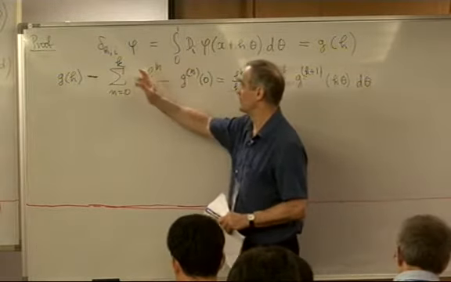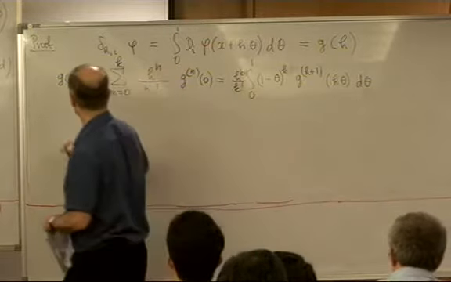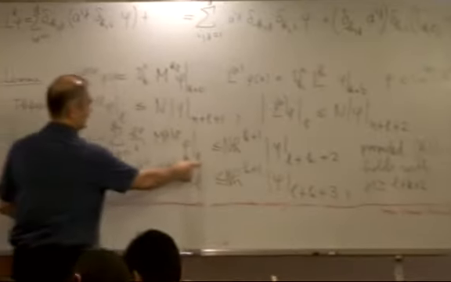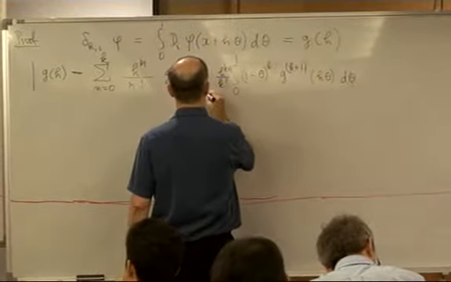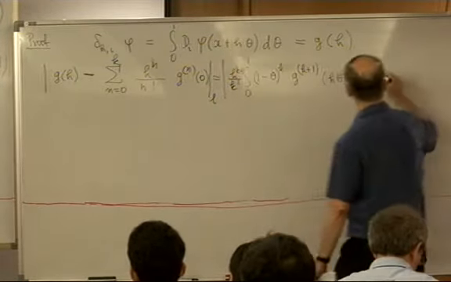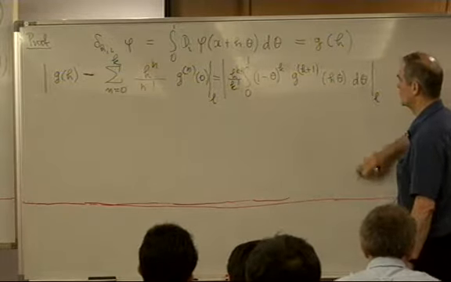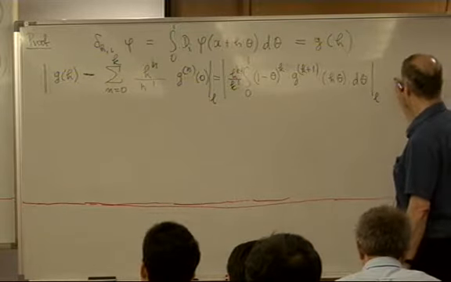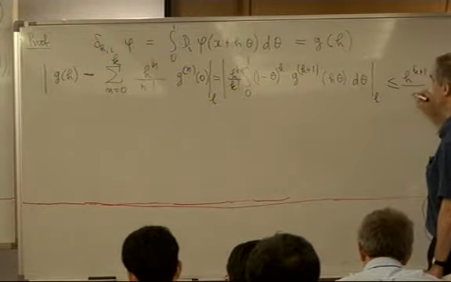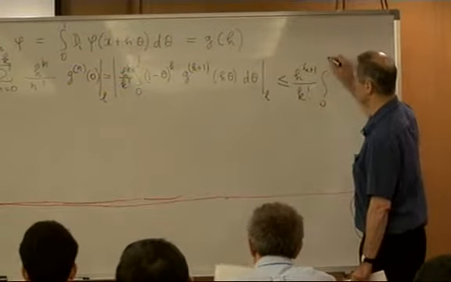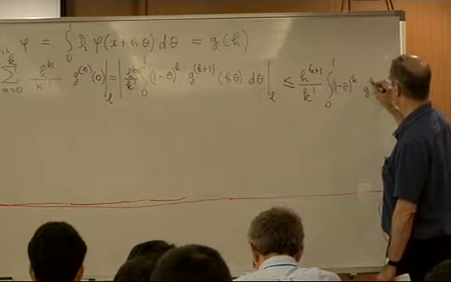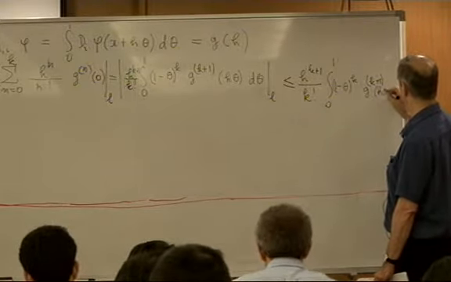So in fact it's enough, I think, to see that the L norm of this one is less than or equal to h^(k+1) over k factorial times the integral from 0 to 1 of (1 minus theta)^k times the L norm of the (k+1)-th derivative of g at h theta, d theta.